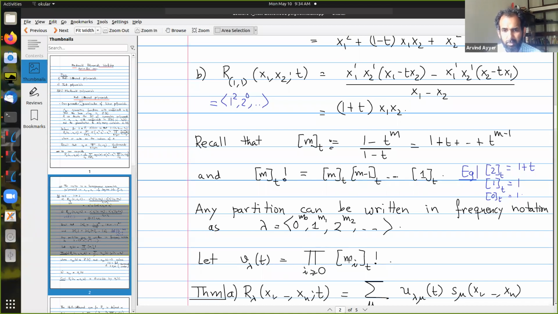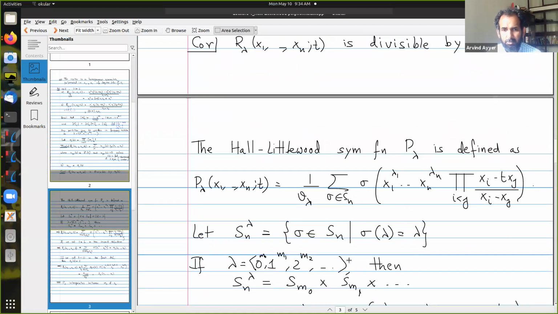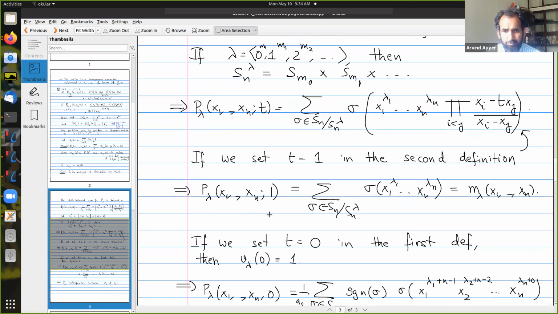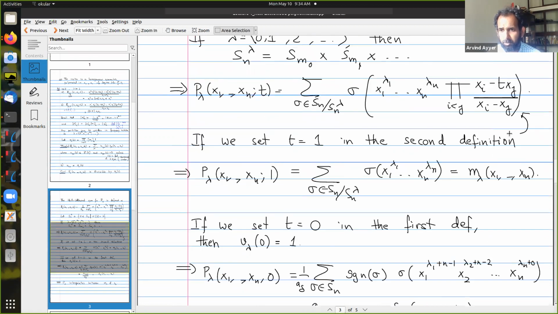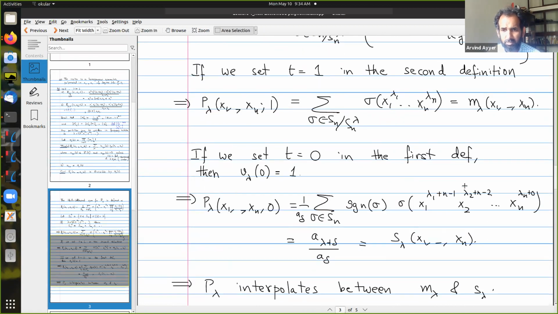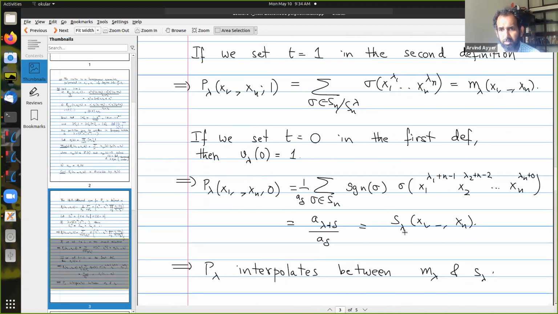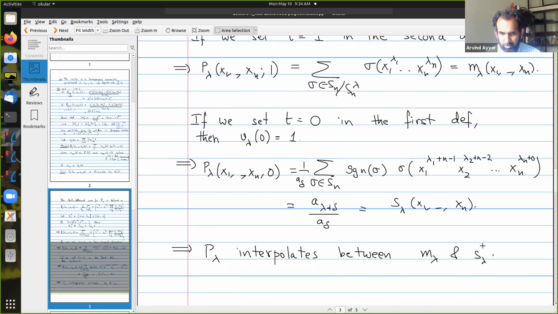And we divided by them to form the fundamental objects known as the Hall-Littlewood symmetric functions P lambda. And we showed that if we set t equals 1, we get the monomial symmetric functions, and if we set t equals 0, we get the Schur functions. So they interpolate between the two.